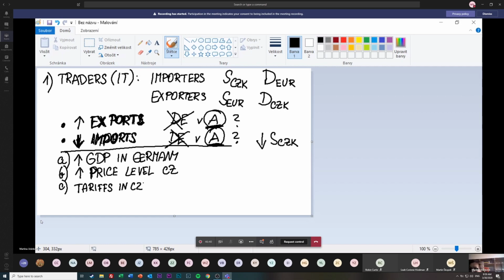Once more, if the Czech Republic would impose tariffs on German goods and services, for example. It's impossible in reality, but imagine the situation. The questions are always the same: depreciation or appreciation of the domestic currency, the Czech crown.